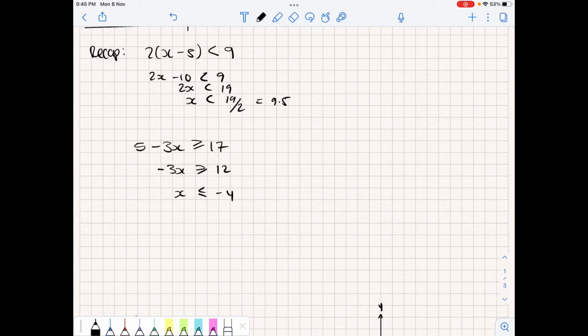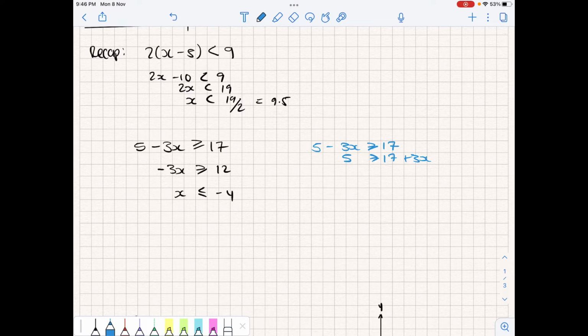Okay, so one very simple way to show why we need to change the inequality sign is to do the same equation but just in a slightly different way. So instead of moving the 5 over, I'm going to move the 3 over to the other side, just like an equation.